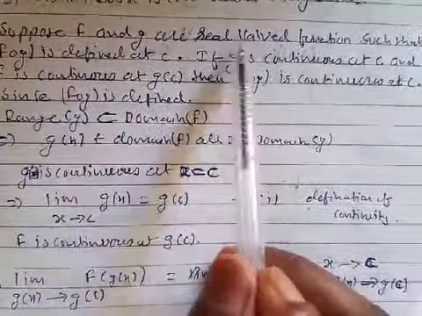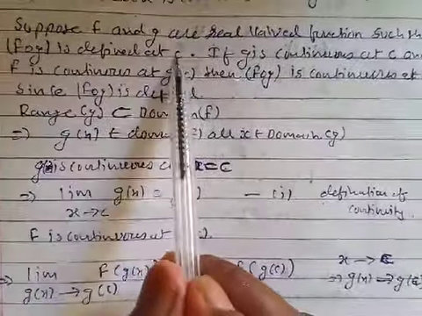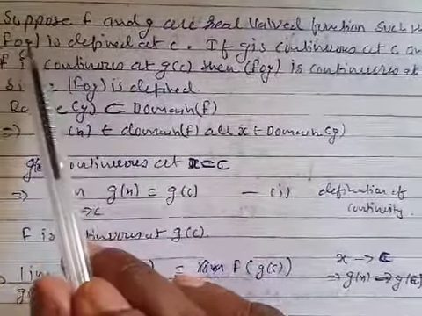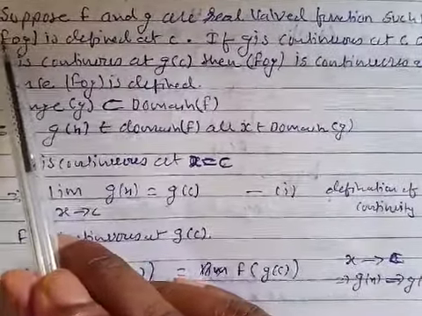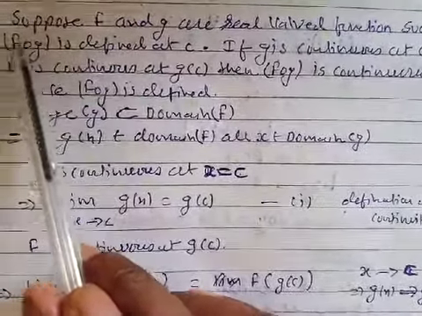Suppose f and g are real valued functions such that g of f is defined at c. That means the range of g is a subset of the domain of f.